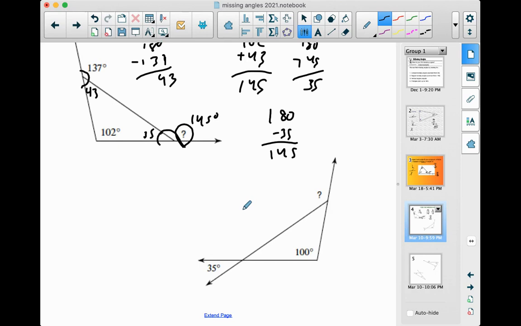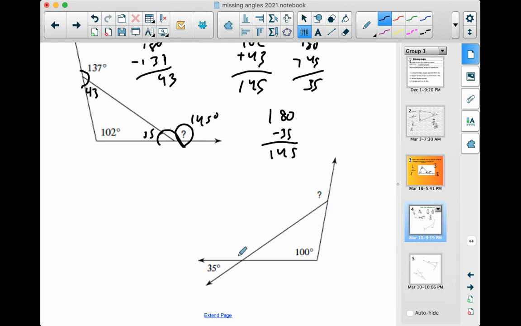Okay. All right, let's look at this one. So, going through my list, do I see any complementary angles? Well, I don't see any right angles anywhere, so no. Do I see any supplementary angles? I do. I see a few, like these, but I don't know one of them yet.